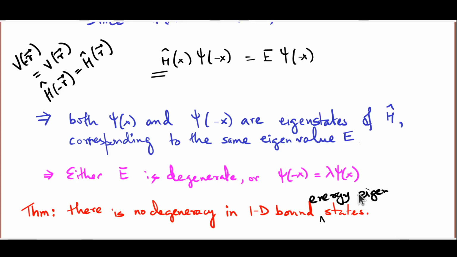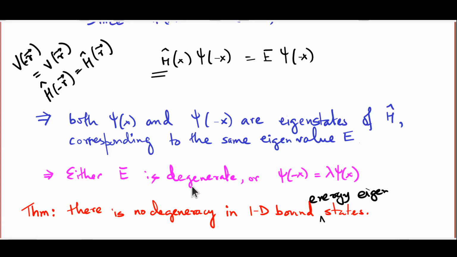So if you have eigenvectors of the Hamiltonian which die out far enough away from the origin, then such eigenvectors correspond to eigenvalues which cannot be degenerate. Now why that is true we are going to explore in a minute, but before that let me just look at the consequence of this theorem.